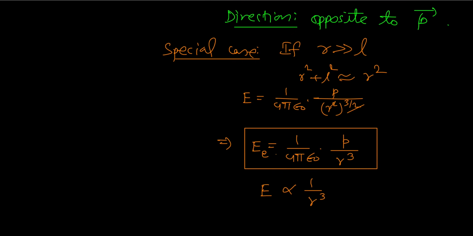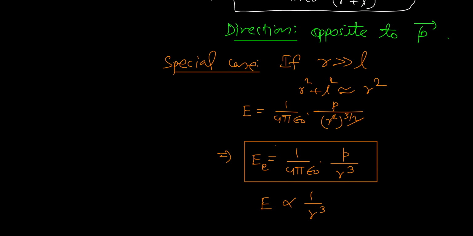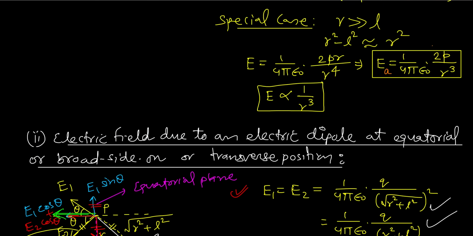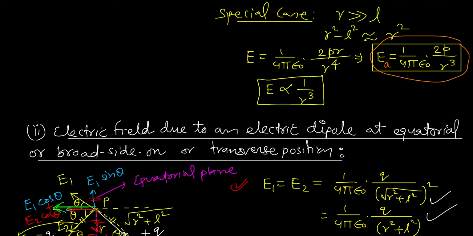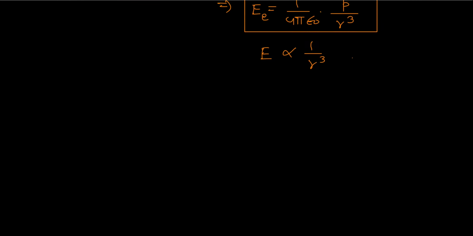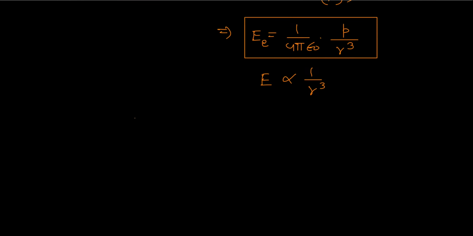If you compare axial and equatorial positions, the axial value was 1 upon 4 pi epsilon naught 2p upon R cube, but the equatorial value is 1 upon 4 pi epsilon naught p upon R cube. So comparing these two, you get that the axial position value is twice that of the equatorial position.